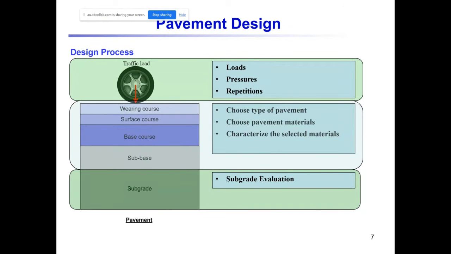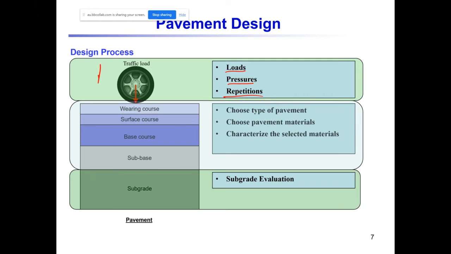After you decide about the type of the material and determine the material parameters for each layer, the next step is to determine the traffic load, the magnitude of the load, the pressures, as well as the number of repetitions. So eventually we need to determine the design traffic.